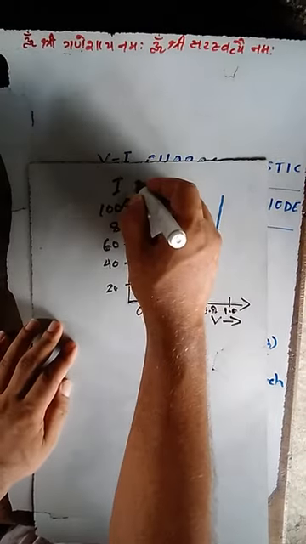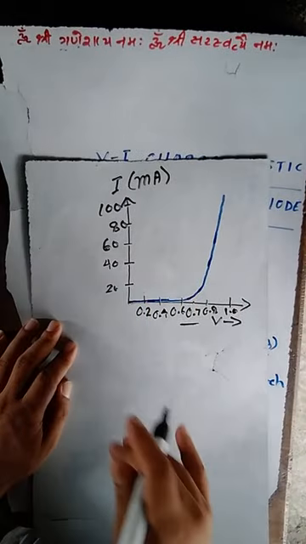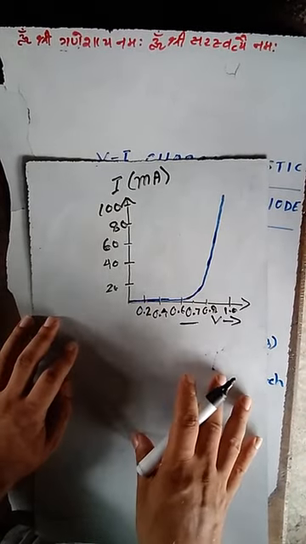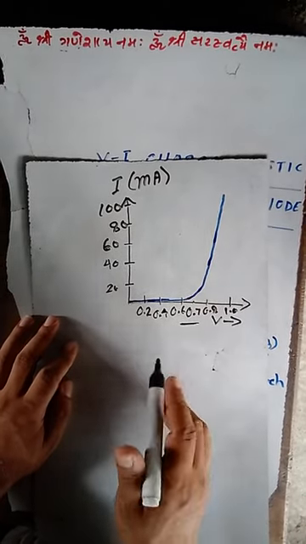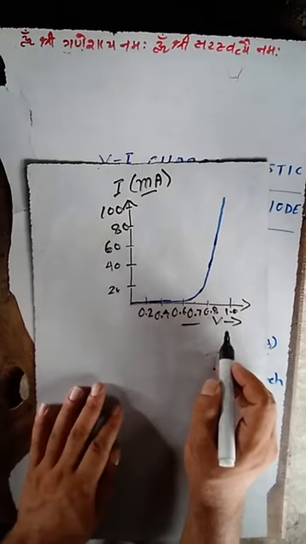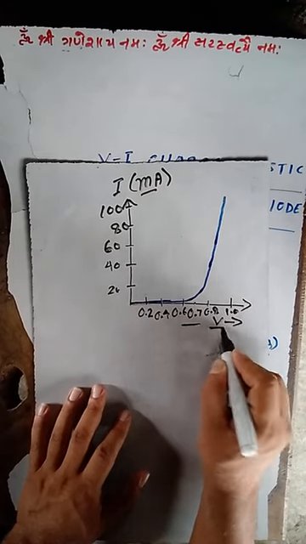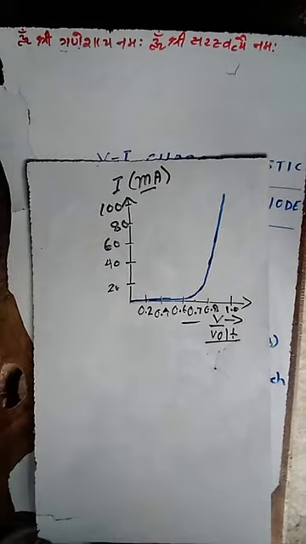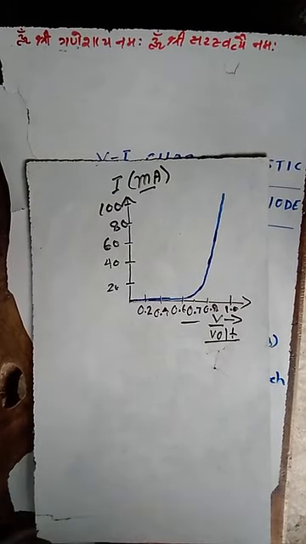This is measured in milliampere because in forward bias we get greater current with respect to reverse bias. So in forward bias we measure the current in milliampere, and this is in volt. So we get a VI characteristic like this.